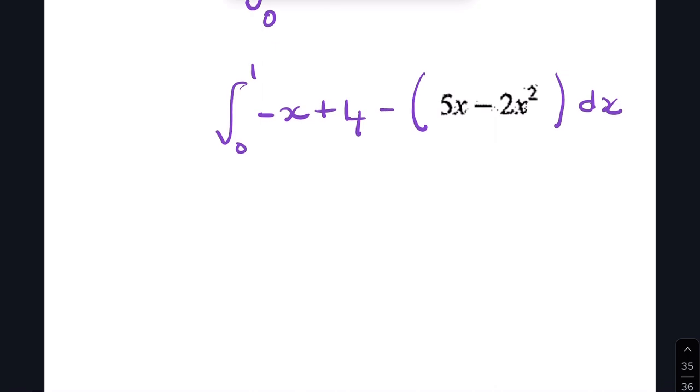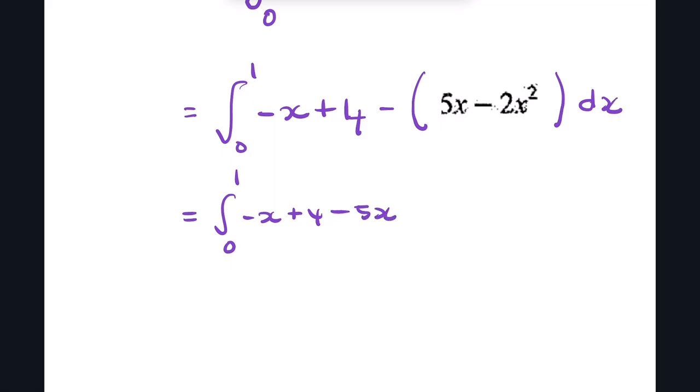So now, to find the area, we need to carry out this integration. So first of all, let's open the bracket and multiply by minus 1. So it's the integral from 0 to 1 of minus x plus 4 minus 5x.